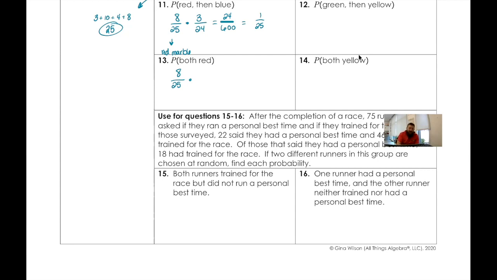We're putting it off to the side. Now the number of red marbles in the bag has been reduced. So instead of being 8 red marbles, there are now 7. And instead of being 25, because we pulled that red marble out, there's 24. 8 times 7 is 56 over 600. Math frac, and we get 7 out of 75.